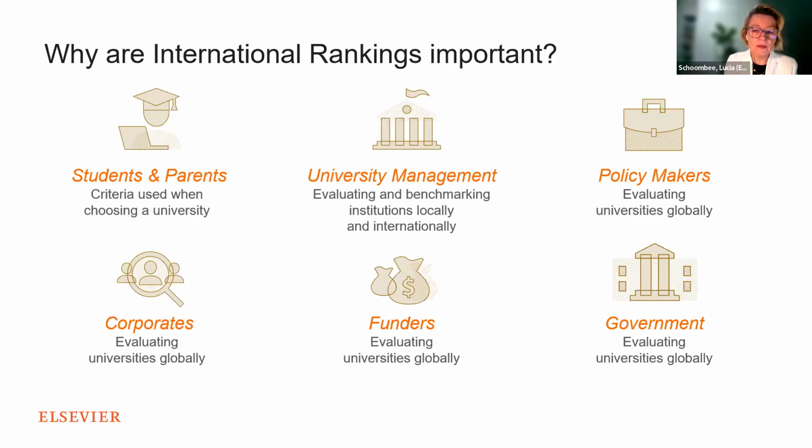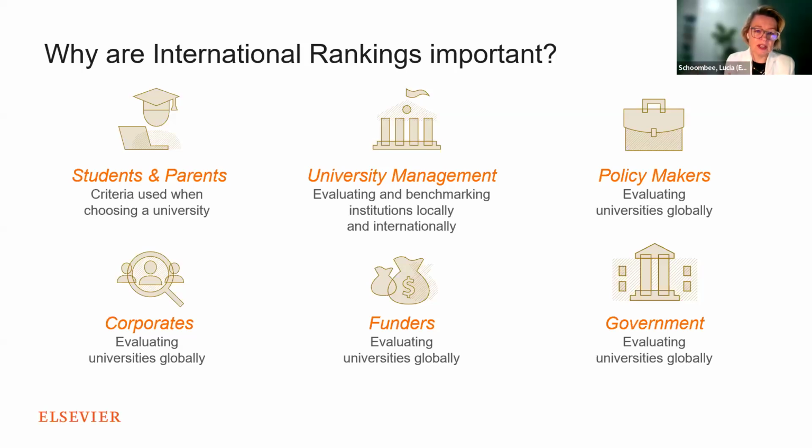And essentially, if you look at everything, it's really about attracting top students for the universities. The institution wants to attract top students and top researchers, form global partnerships, and increase its visibility overall, because visibility will then influence all of those other factors.